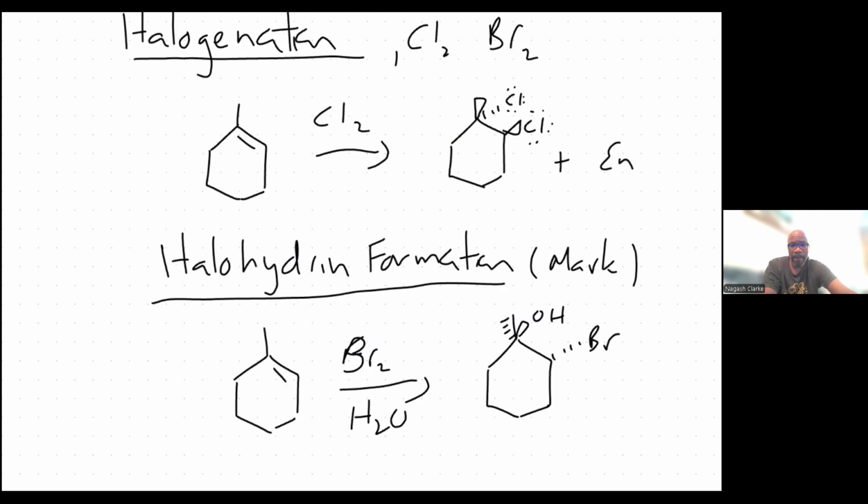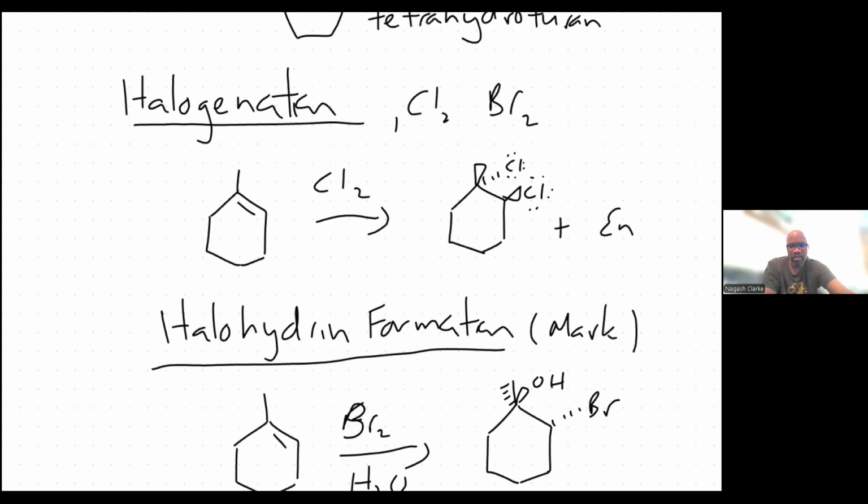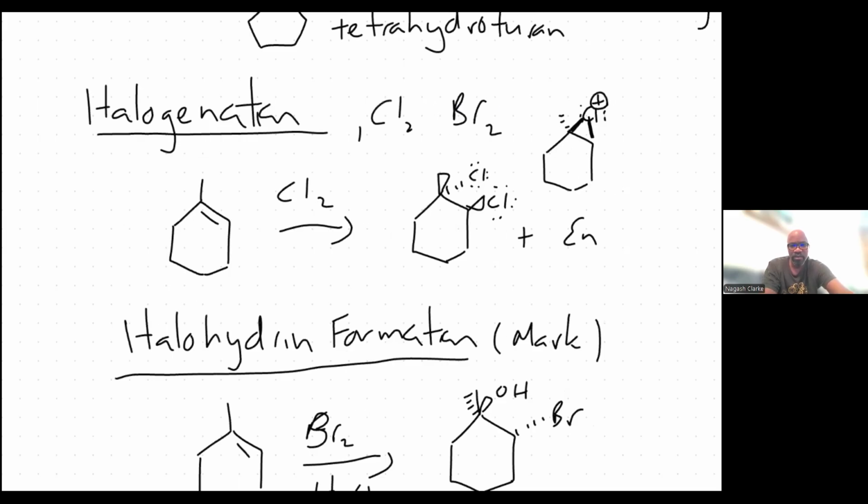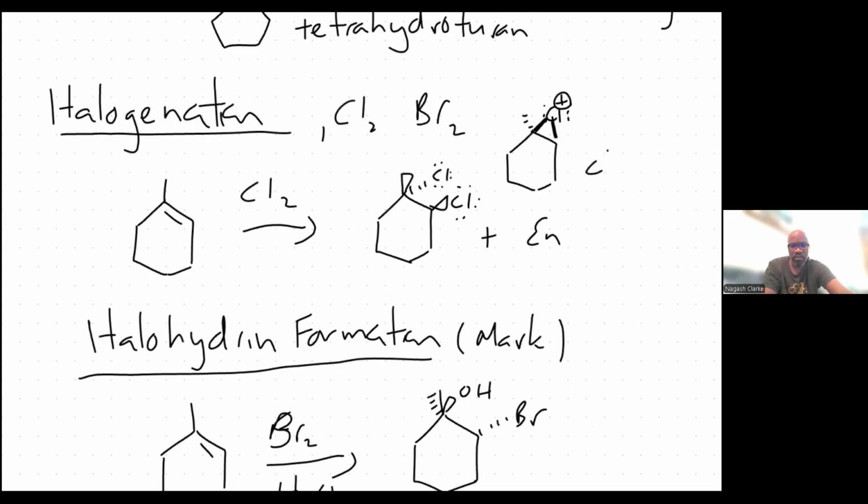I could draw the intermediate that's formed. A lot of students struggle with this intermediate because it looks kind of strange. It's a positively charged three-membered chlorine ring called a chloronium ion.